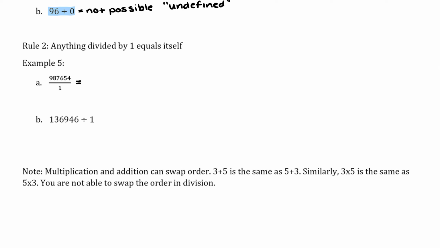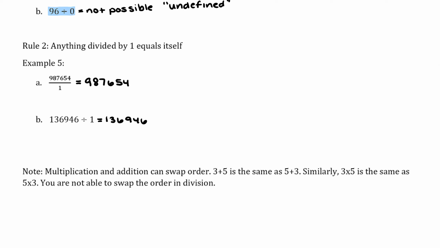So all cookies are going to go into that one bag. So 987,654 cookies in that one bag. Similarly, 136,946 divided by 1 will equal 136,946.